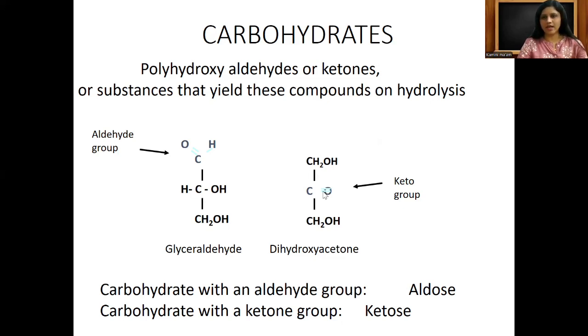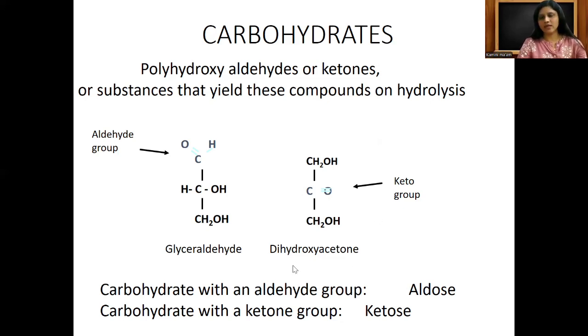These two are functional isomers of each other. So C=O and CHO, ketone and aldehyde, are functional isomers. When the H is given from the CHO group, the aldehyde group, the remaining part is C=O, the ketonic group. So this is known as dihydroxyacetone.